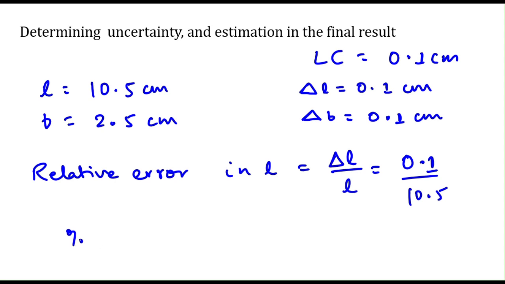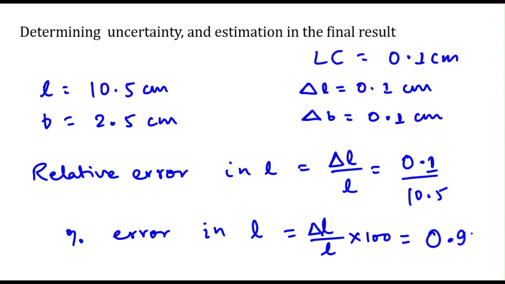And if we want to know the percentage error in length, this should be delta L by L into 100, and after calculating this we are going to get 0.95%. Okay, here I would like to mention one thing, that relative error depends on the measured value also. Here we have length 10.5 centimeter, with a precision of 0.1 centimeter.